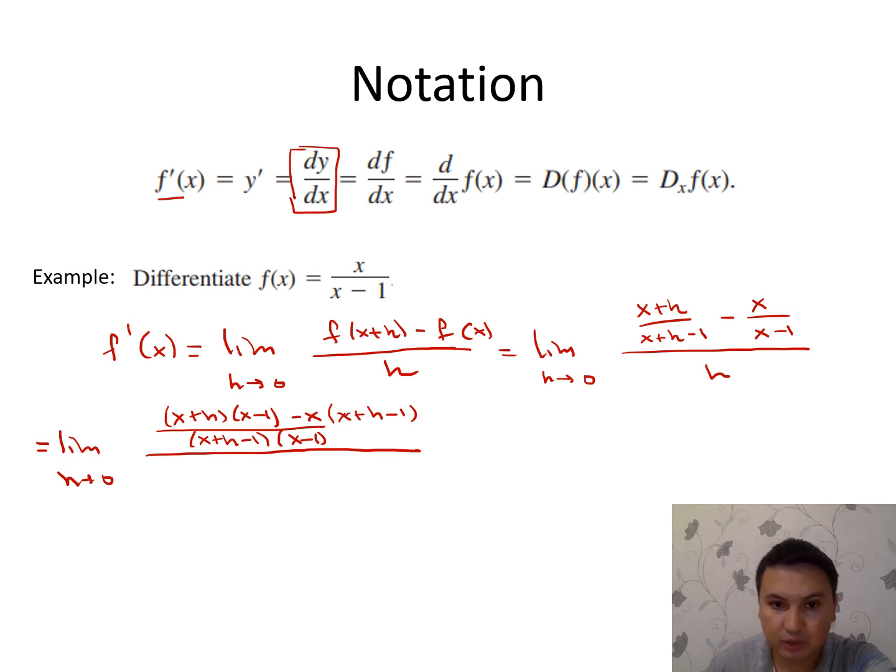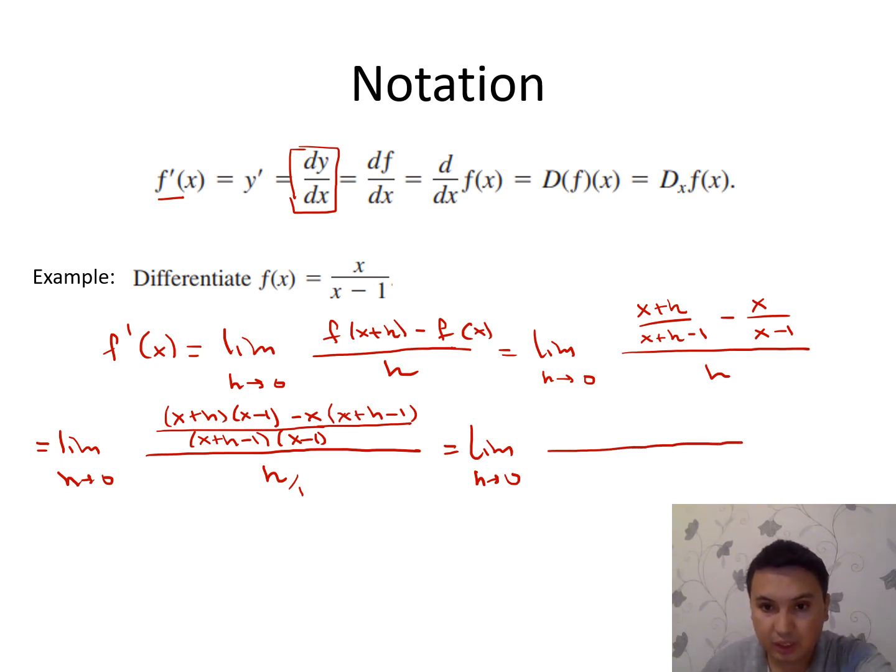So that's simply the numerator. Now denominator is simply h, right? Okay, so let's see what we get. So here this is like h over 1, so you flip it, multiply by the top, and at the very bottom we get h times x plus h minus 1 times x minus 1, right?